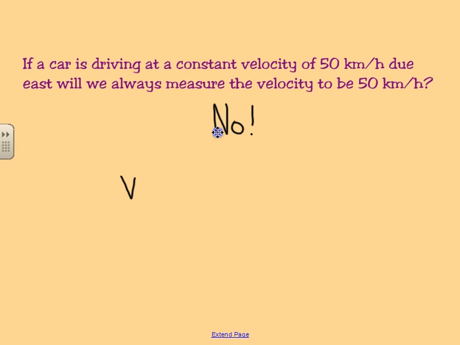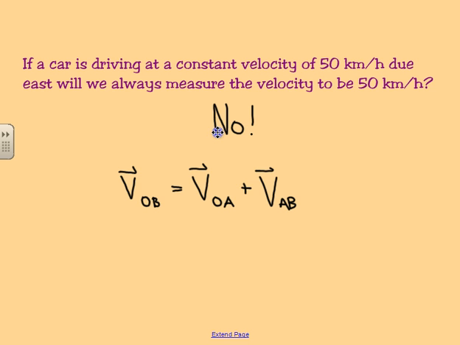That equation says that the velocity of our object relative to reference frame B is equal to the velocity of our object relative to reference frame A plus the velocity of reference frame A relative to reference frame B. In each case with these problems, our reference frames will be something different.